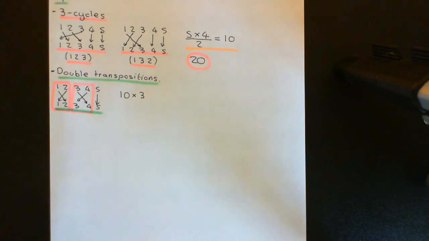So that's the number of ways, it would appear, of picking 2 pairs, but there's a problem here again.